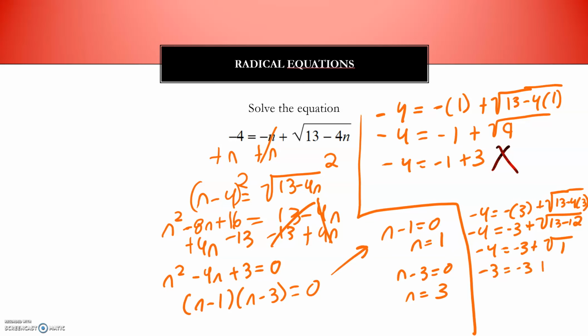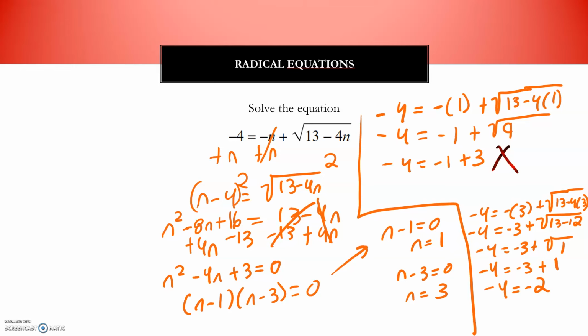Negative 4 equals negative 3 plus 1. Well, that seems a little bit strange now, doesn't it? Because negative 4 is most definitely not equal to negative 2.